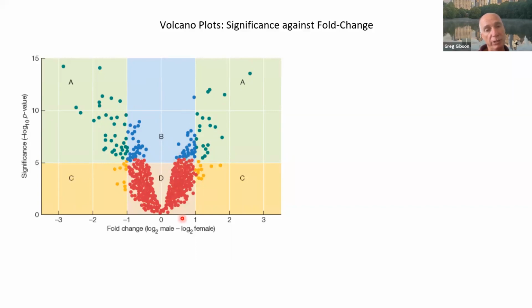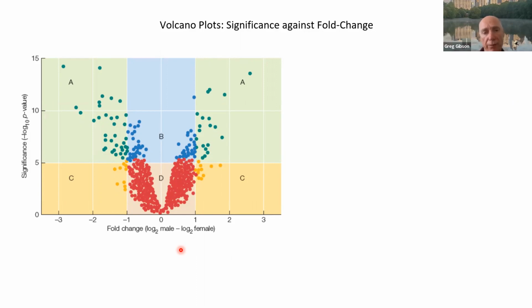Now, there's nothing magical about 2-fold, of course. A 10% difference in expression of a kinase, for example, or a transcription factor could be biologically very, very meaningful. It could have a big consequence, whereas a 10% difference in maybe actin or some enzyme doesn't make that much of a difference.